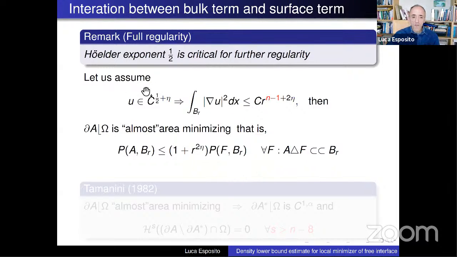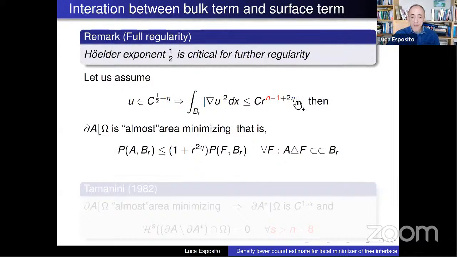If you assume that u is Hölder continuous with an exponent greater than 1/2, so here you have 1/2 plus a positive eta, then you know that the square of the gradient, when you integrate it over a ball of radius r, decays faster than r to the power n minus 1 plus something.